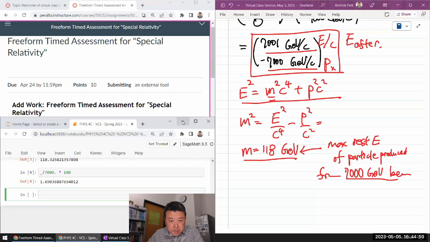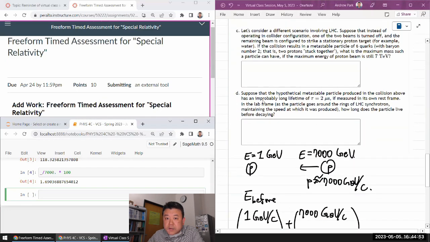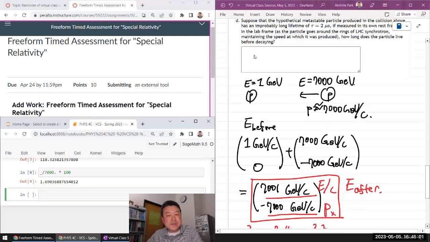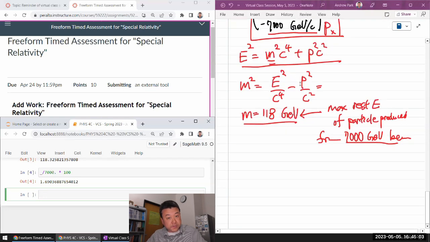So the second question was what? Suppose that the particle has a prolonged lifetime. So how long does the particle live before decay? You have to calculate the gamma factor.